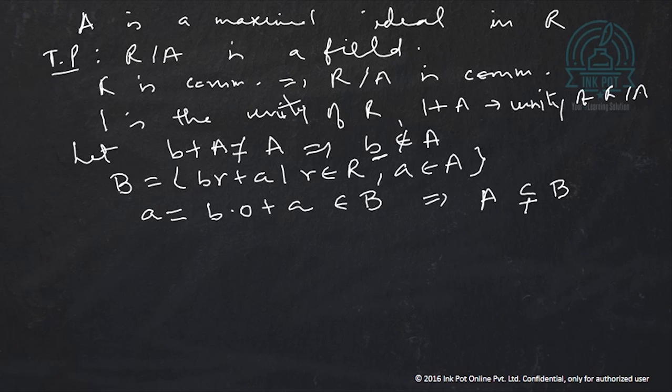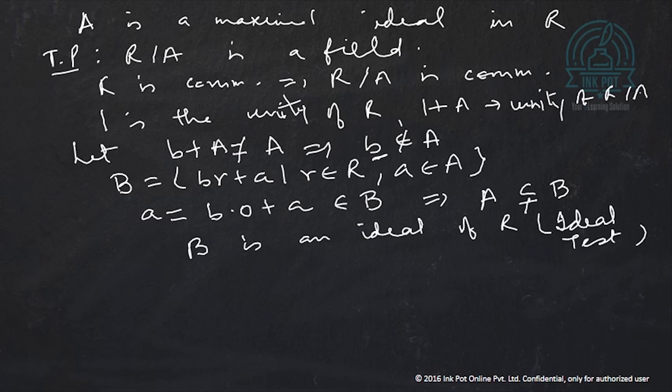Now B is an ideal of R. This can be verified by the ideal test that we did in the previous video. So now A is properly contained in B, which is contained in R, and B is an ideal of R. Because A was a maximal ideal, there cannot be any ideal lying between R and A.